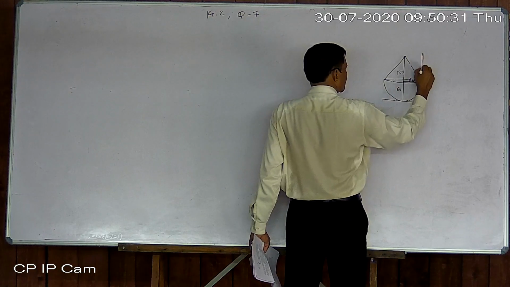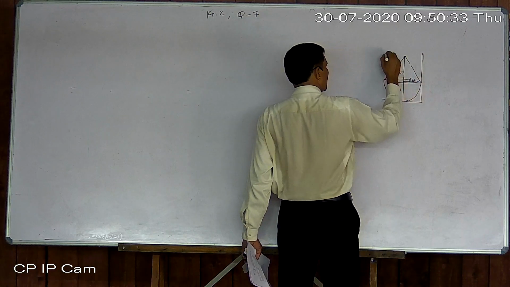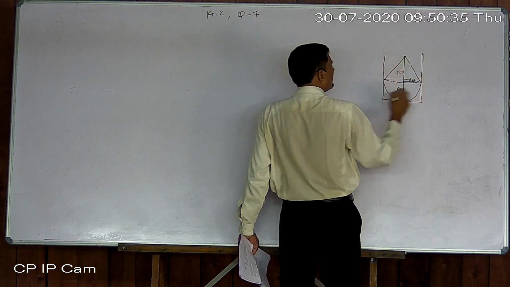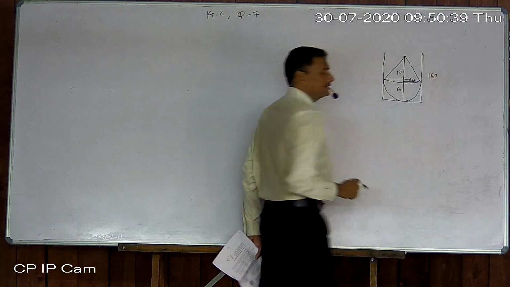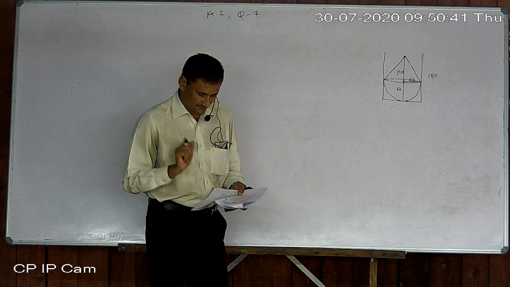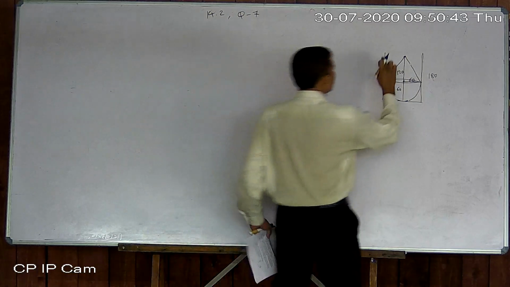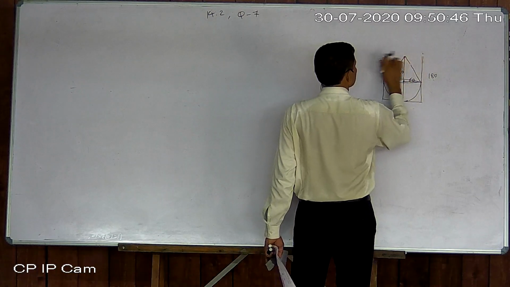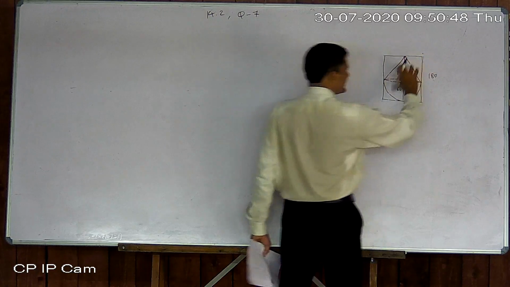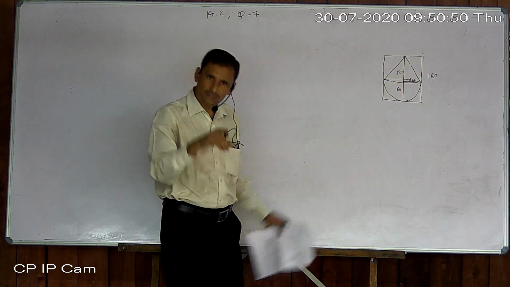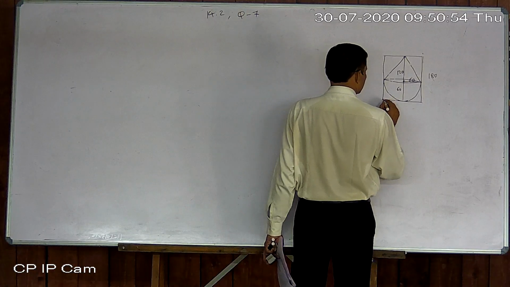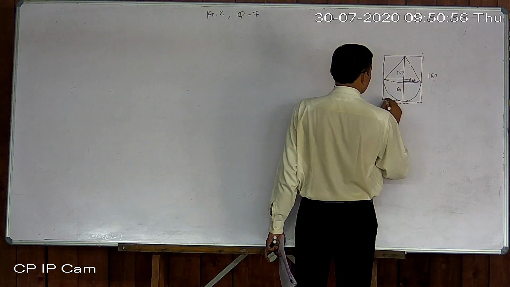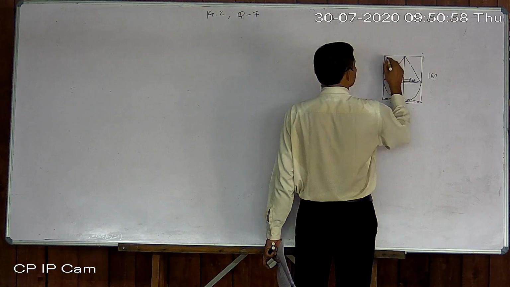Now you just try to understand. Height of the cylinder is 180. Exactly its upper part touches this part also. So exactly this fits in the cylinder. Okay, so that is the cylinder. So just draw that part.